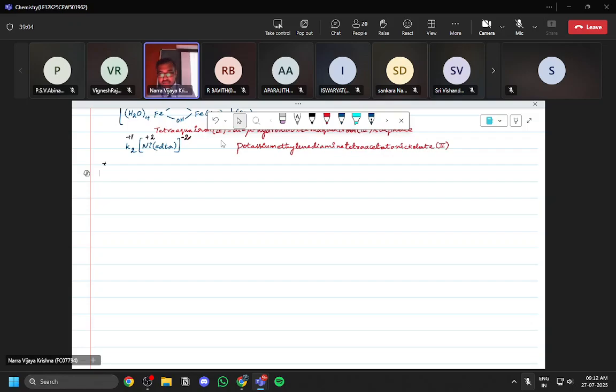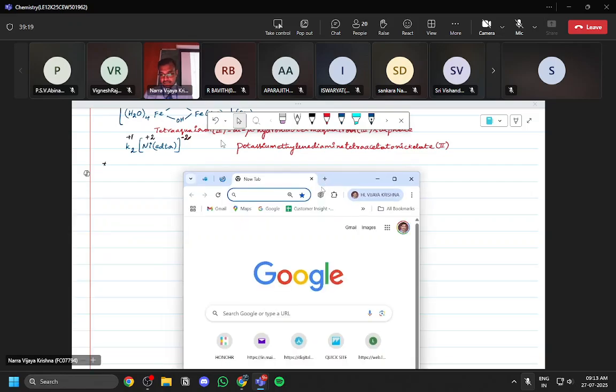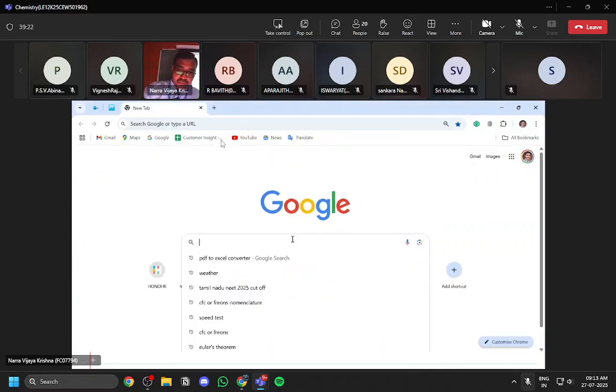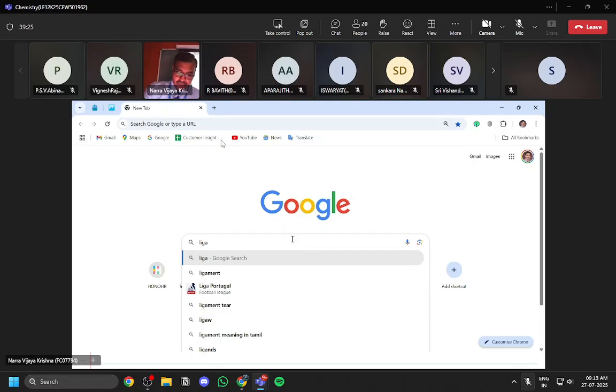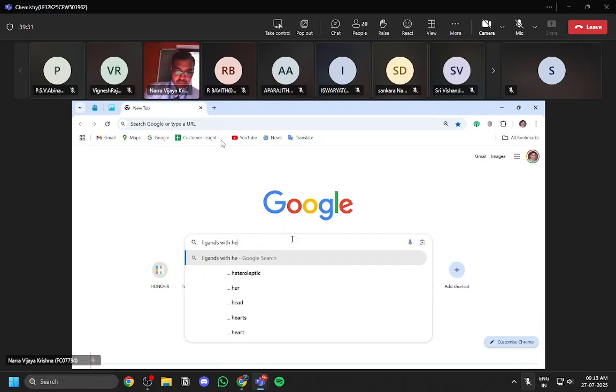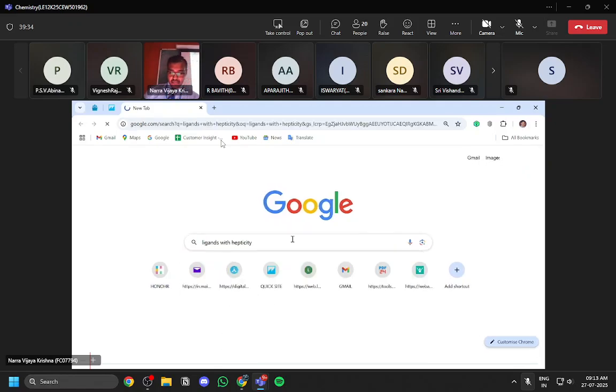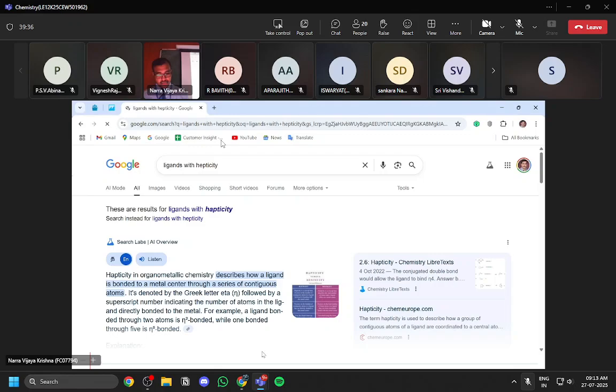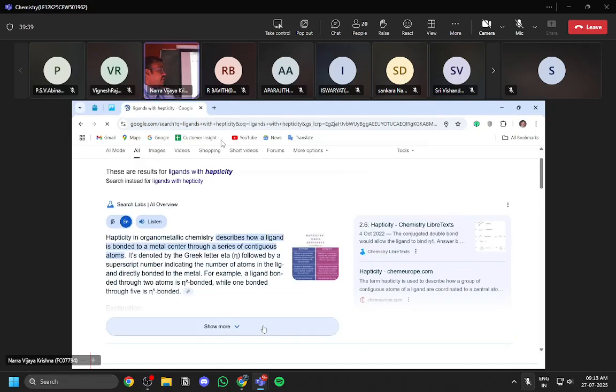Hapticity. We call it hapticity. Ligands with hapticity means pi electron donors.